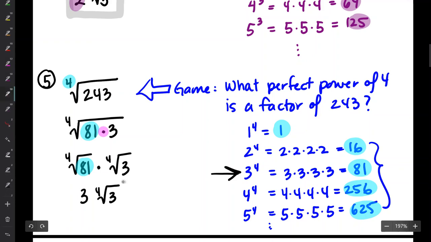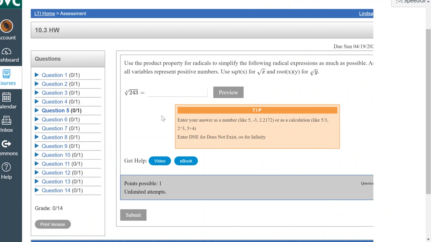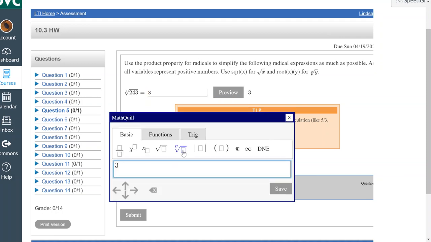Let's go ahead and put that answer into our calculator. All right, so I'm going to come into my answer field here, and my answer is 3 times the 4th root of 3. So I'm going to go ahead and put in my 3, and to get that 4th root of 3, I'm going to use my arrow. And then this root right here is square root. You see there's no number right there.